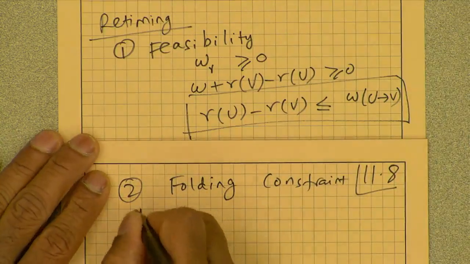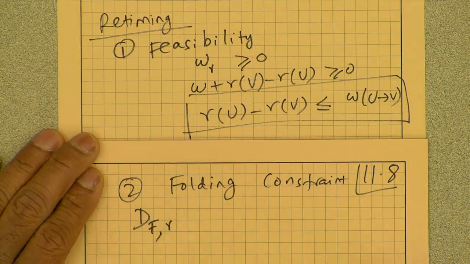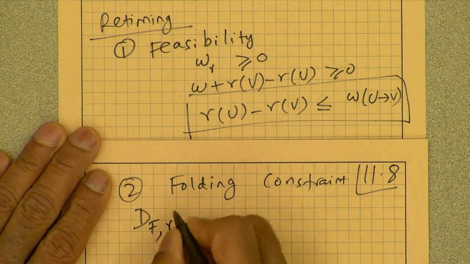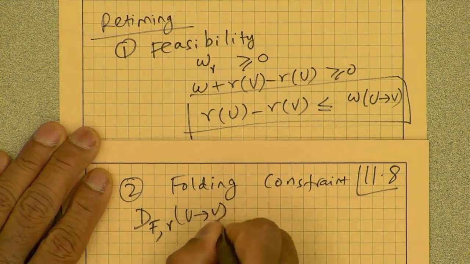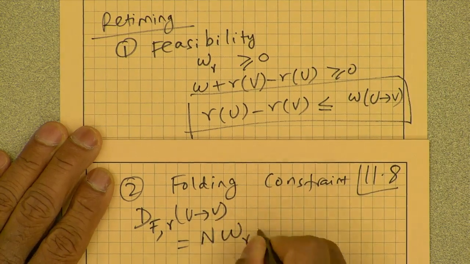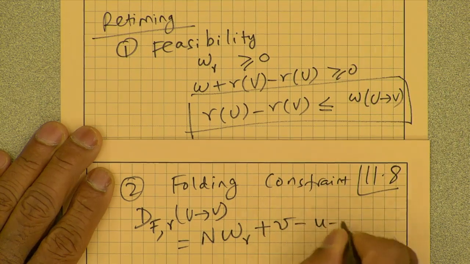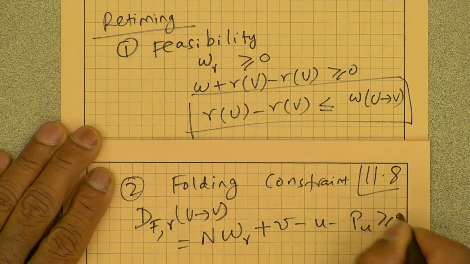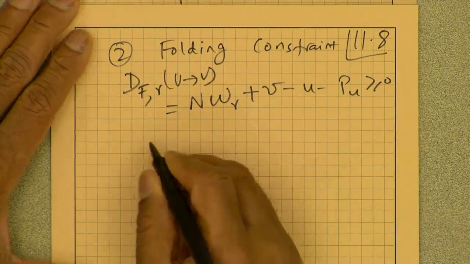So DFR, that means after retiming, U to V, which is N times WR plus V minus U minus PU, should be greater than or equal to 0.